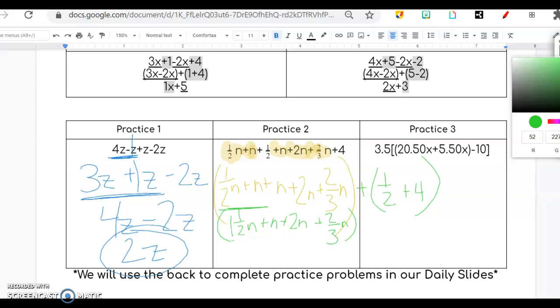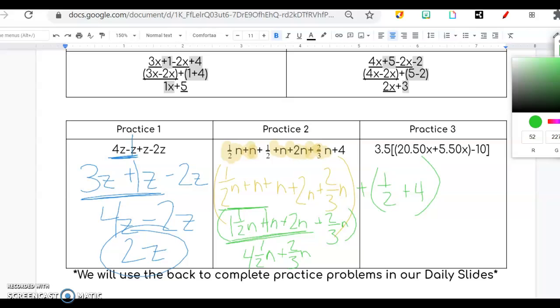I'm going to combine all of this into one. I see that this is 1n and this is 2n. So I'm going to add 1n to 1 and 1/2 n. That gives me 2 and 1/2 n, plus 2n gives me 4 and 1/2 n, plus 2/3 n.